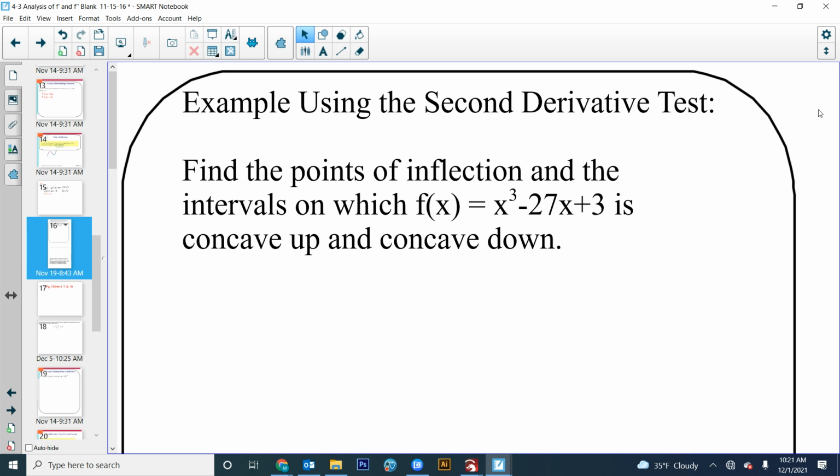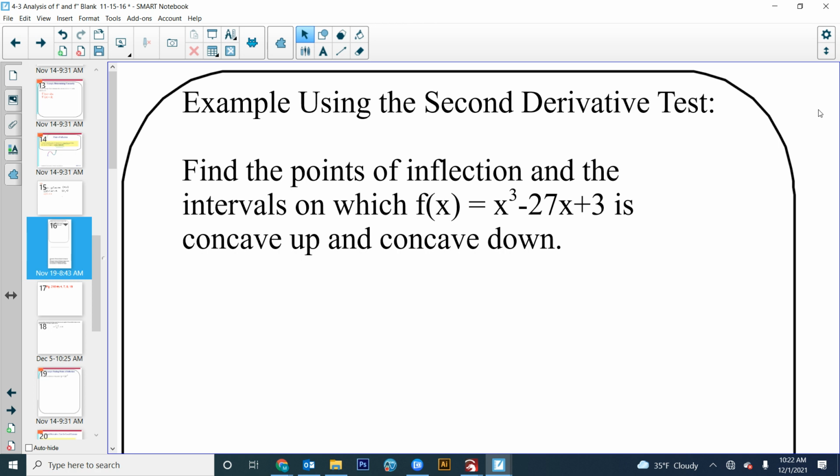And so when I say to justify, we practiced justifying maxes and mins yesterday. Remember that? F has a local maximum at x equals c because f prime changed from positive to negative there. How about justifying a point of inflection?